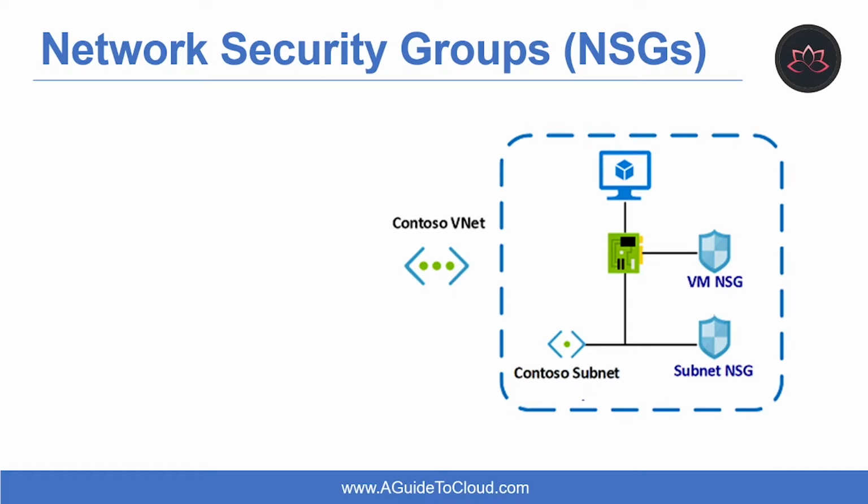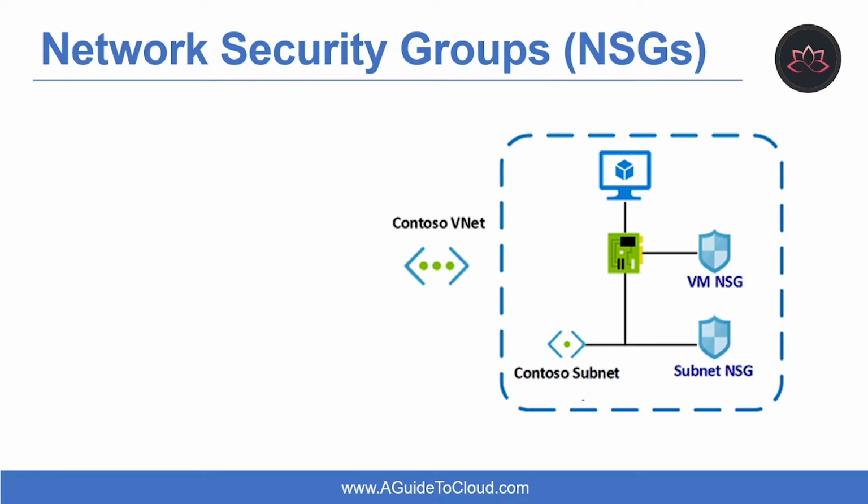For each rule, you can specify source and destination, port, and protocol. NSGs contain rules that specify whether traffic will be approved or denied. Each rule is based on a source IP address, a source port, a destination IP address, and a destination port. Based on whether the traffic matches this combination, the rule either allows or denies the traffic.